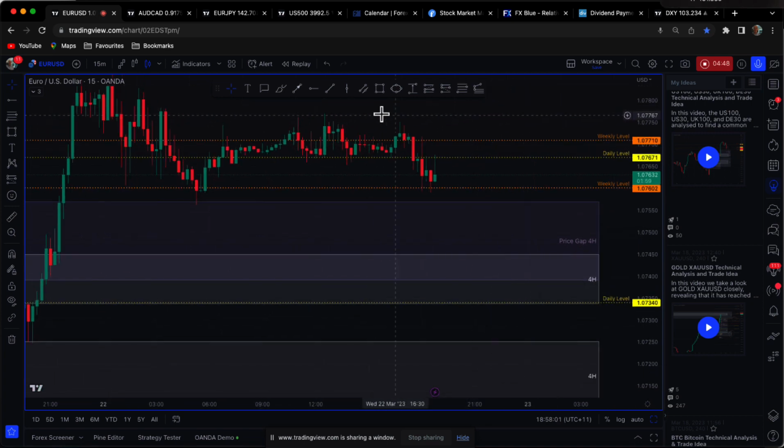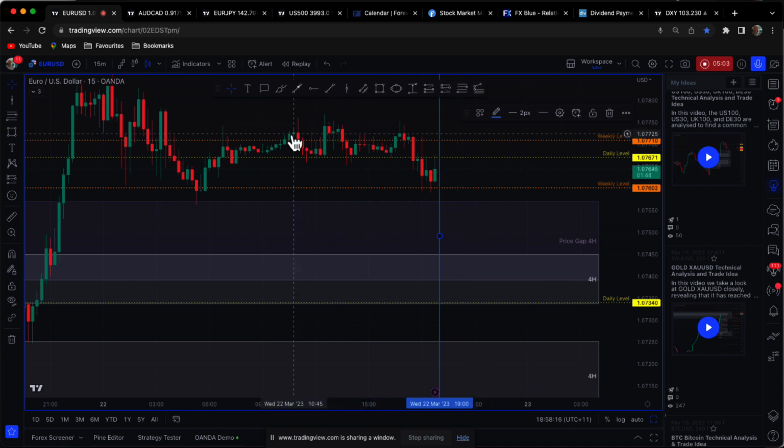Now we're heading into the 1900 my time, which is the London Open, just about to kick off. So this is trading down at the moment into the London Open. I like what I'm seeing here. We've got this Asian session range as we move into the London Open.